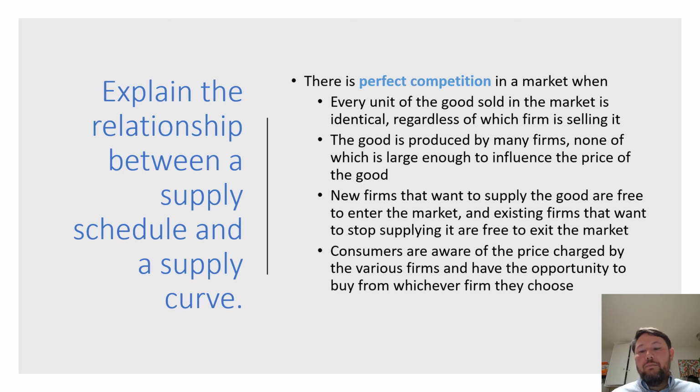Like Pepsi and Coca-Cola, there are some differences, whether it's simply branding or a slight difference in taste. But we mean in our model here by perfect competition is the product, the good, is identical regardless of which firm is selling it. A very simple example of this would be something like strawberries or oranges.